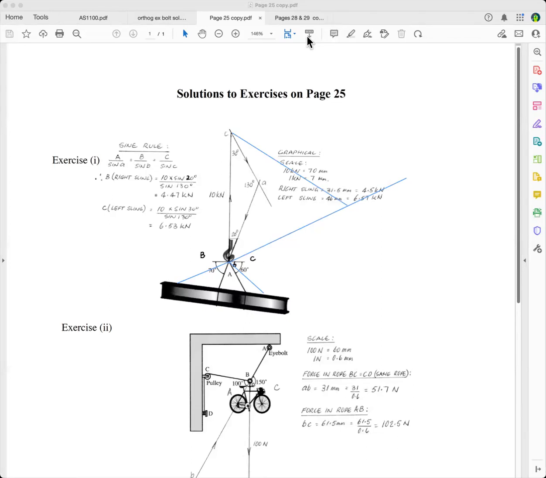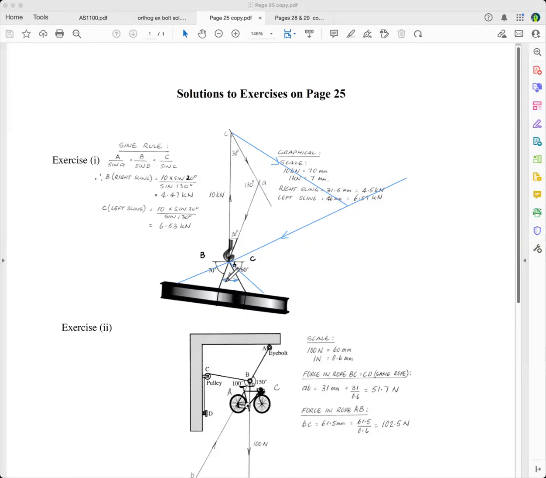Okay, so what you've got here is this force in this sling, and this is the force in this sling here. And you can see that the magnitude of the force in that left-hand sling is greater than the mass that it's lifting. And so that's why this angle here always has to be less than 60 degrees.